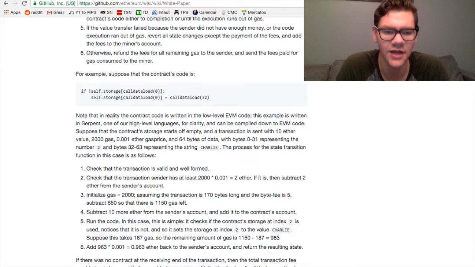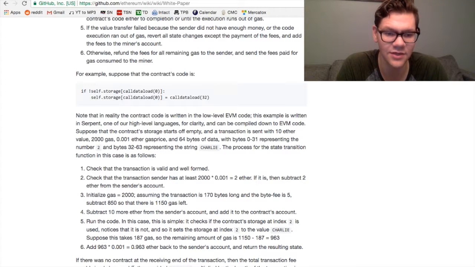1. Check that the transaction is valid and well formed. 2. Check that the transaction sender has at least 2000 * 0.001 = 2 Ether. If it is, then subtract 2 Ether from the sender's account. 3.